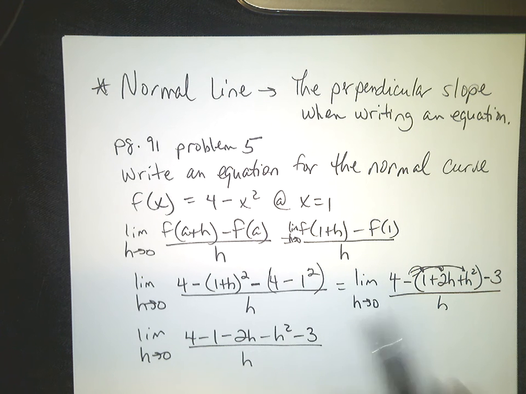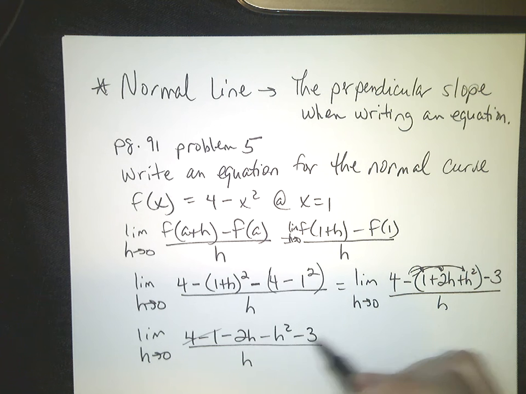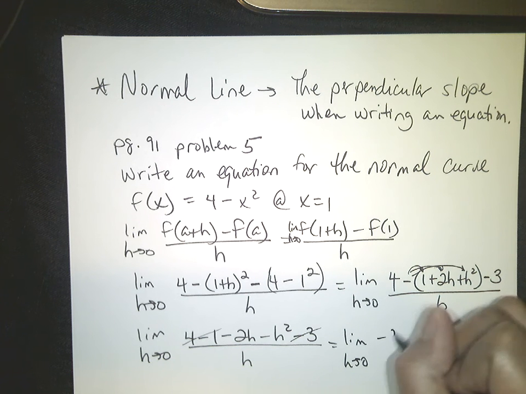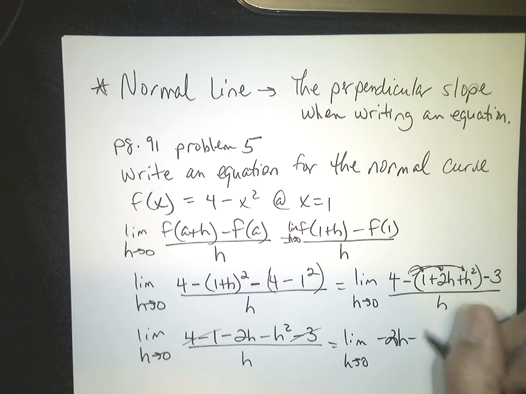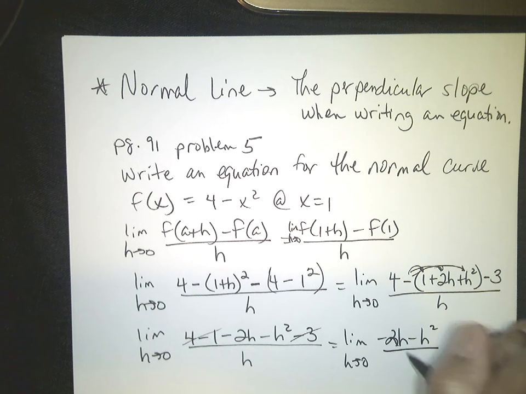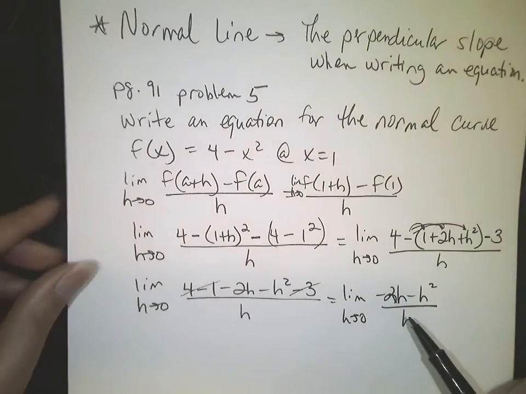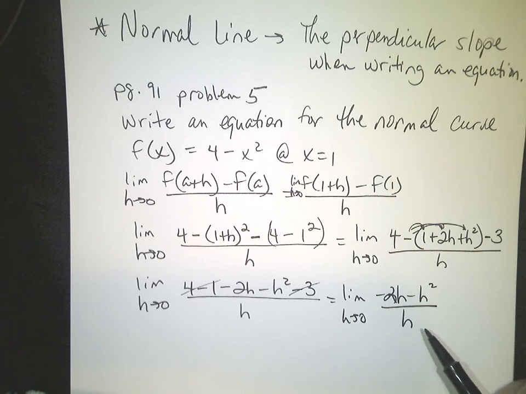Minus 3 is 0. So again, that cancels with this. Something should always cancel. So we get the limit as h approaches 0 of negative 2h minus h squared over h. Can't plug in 0 yet because it would be 0 in the denominator. So you keep working at it until you can plug in 0 where 0 is not in the denominator.